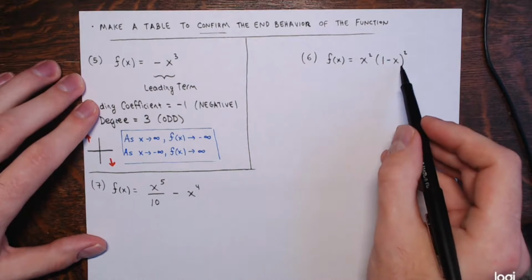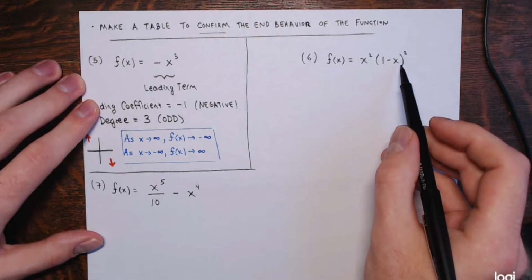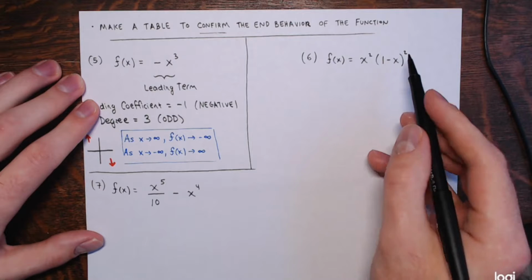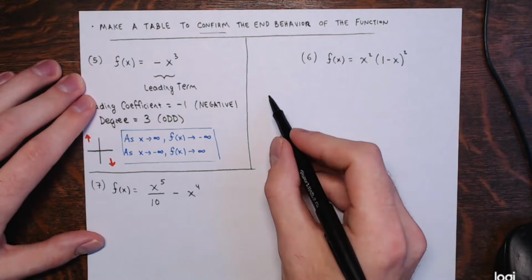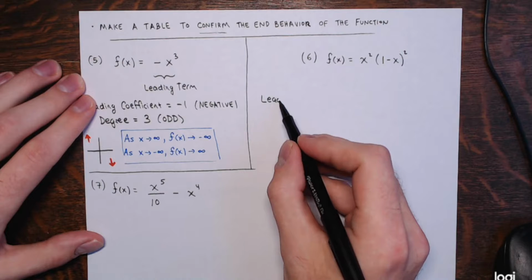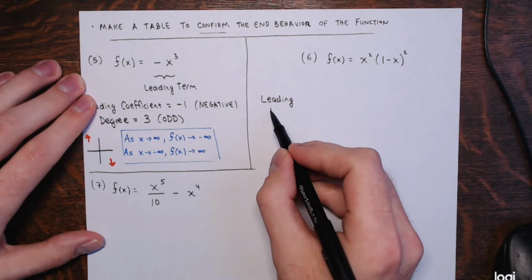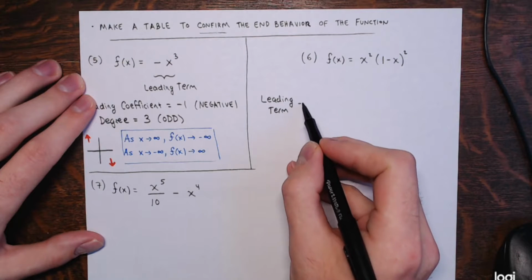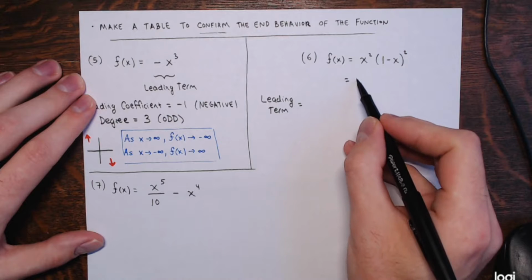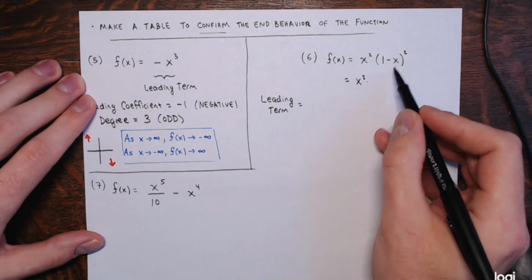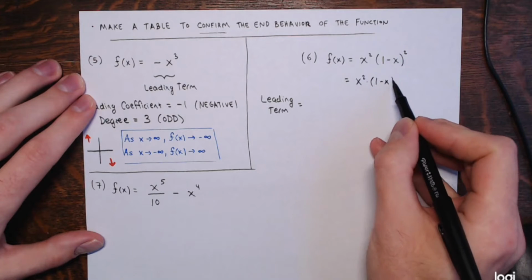Now again, you can multiply it all out, get it in general form, but all we're trying to do is identify the leading term. Now this is x squared times, and then 1 minus x squared is 1 minus x times 1 minus x.